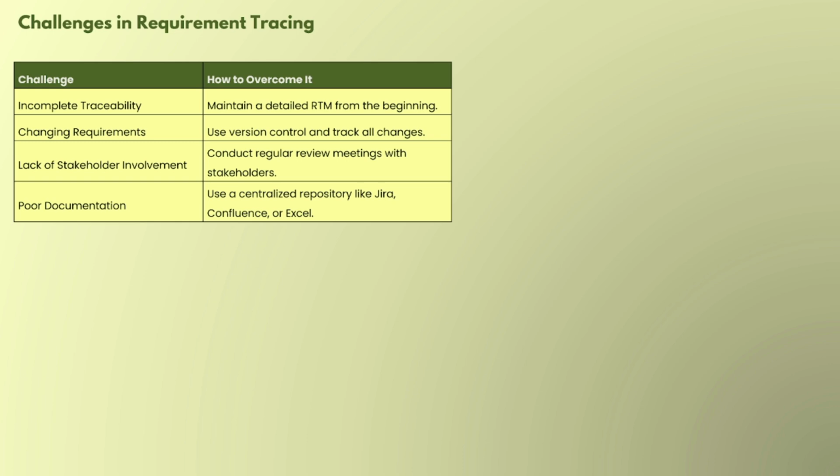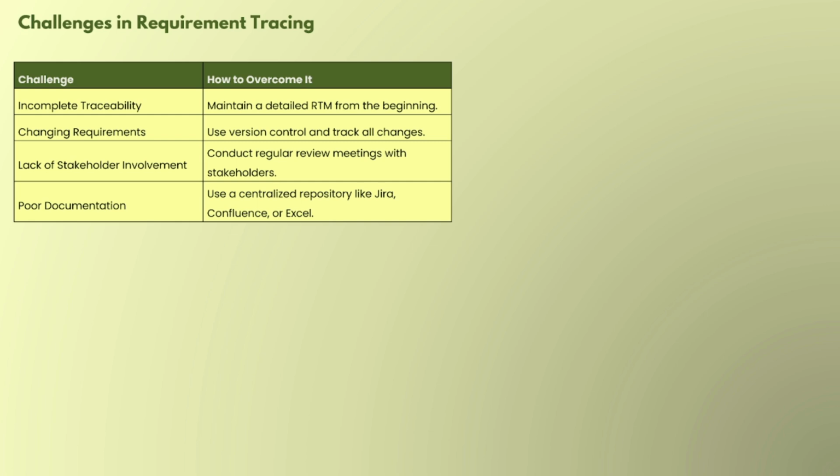Then lack of stakeholder involvement. There are some stakeholders who show resistance. At the end of the day, our job is to involve each and every stakeholder during requirement gathering and requirement traceability. Without the stakeholders' permission, we are not moving an inch.